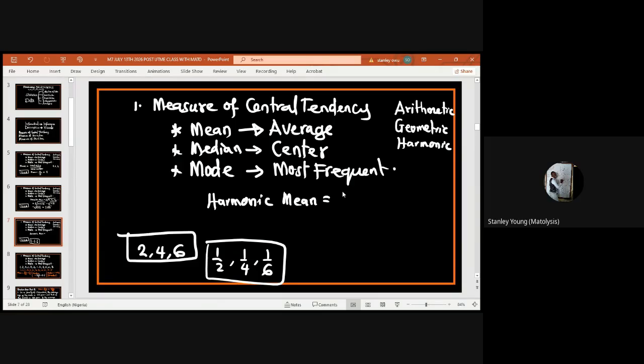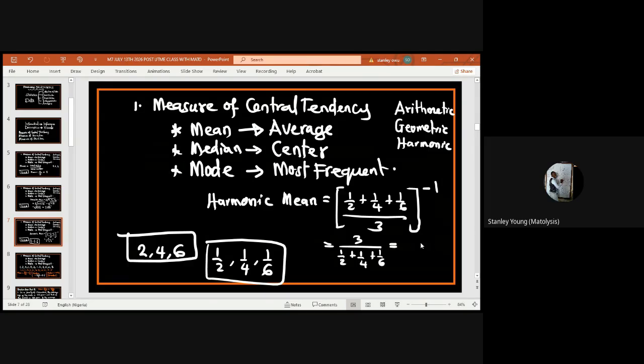So this is like saying 1 over 2 plus 1 over 4 plus 1 over 6, divided by 3. Then you choose to now reciprocate the result. This means saying all raised to the power of minus 1. You get that? So this is as good as saying 3 over 1 over 2 plus 1 over 4 plus 1 over 6.